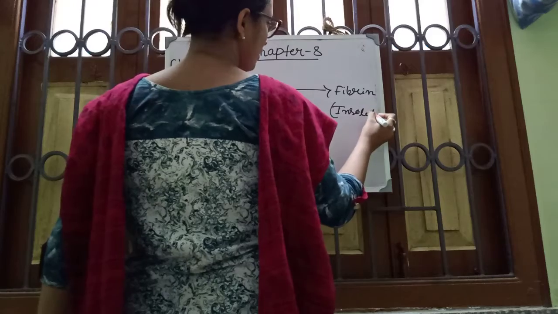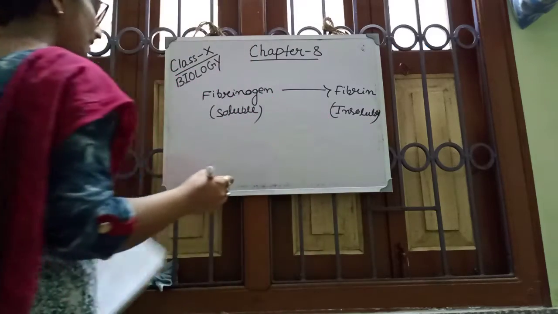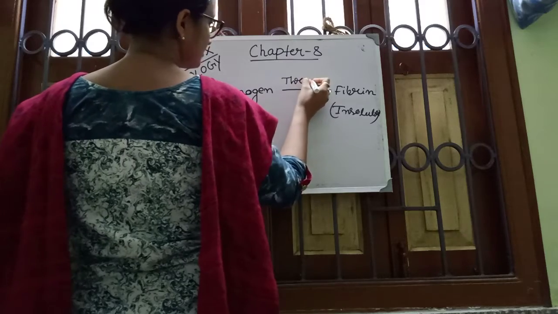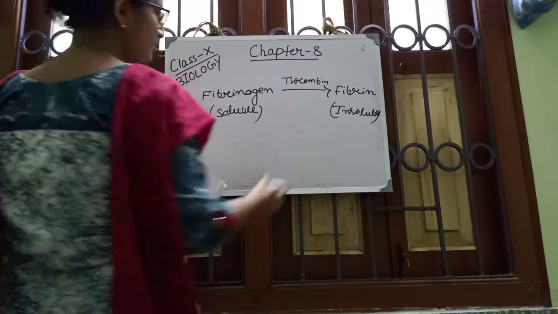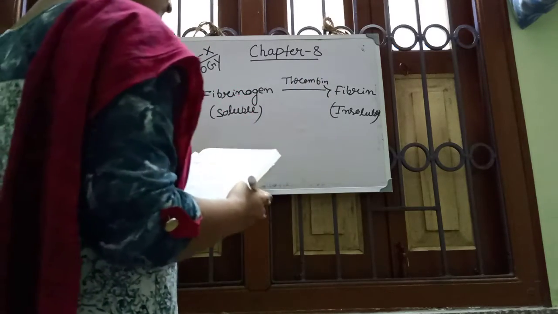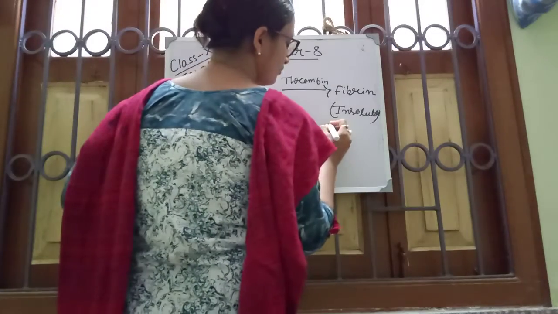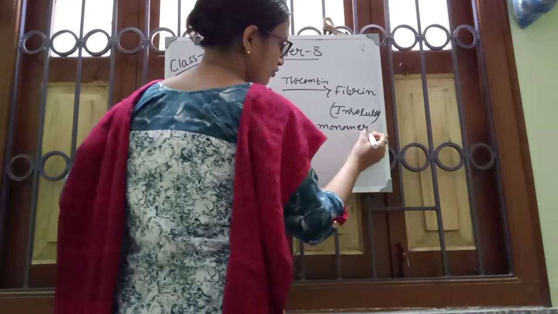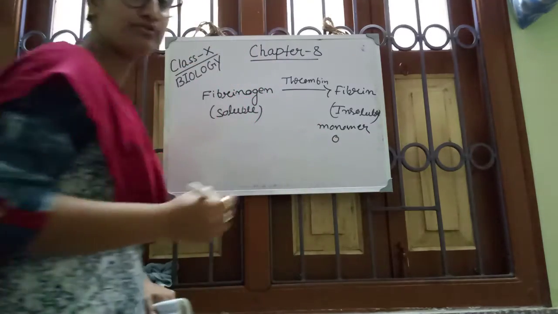With the help of thrombin, soluble fibrinogen is converted into insoluble fibrin. Fibrinogen is soluble, but fibrin is insoluble, and this is the monomer. Monomer means one molecule is present.